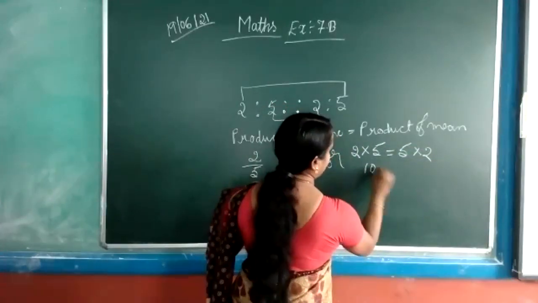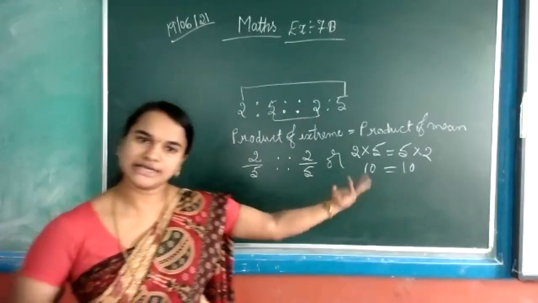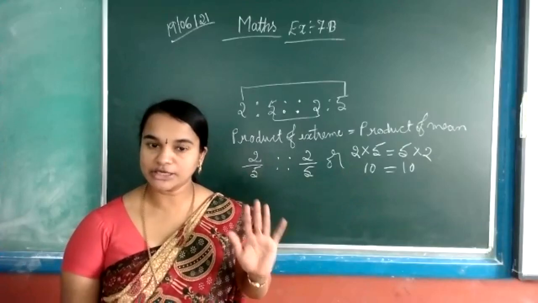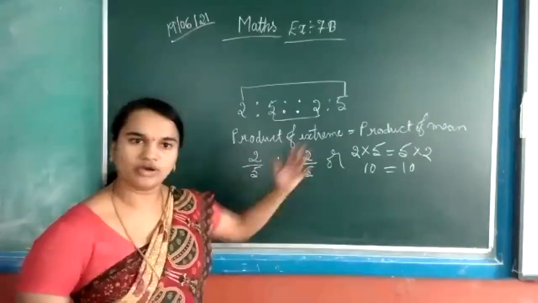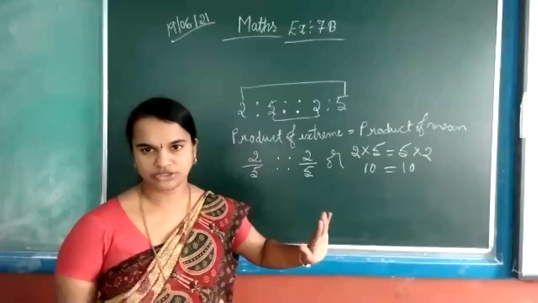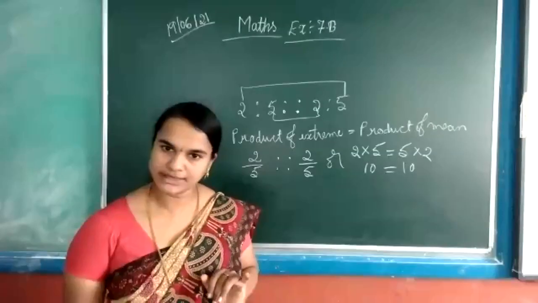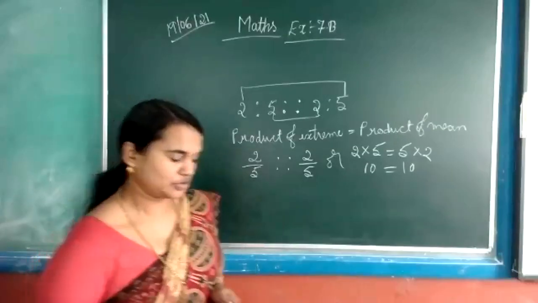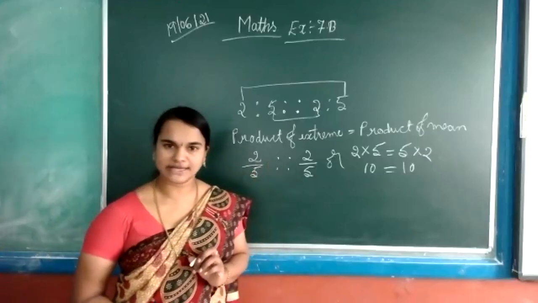So 10 and 10, both we are getting 10. That means it is in proportion. Whichever method you feel easy, you can follow any one method, the first one or the second one. Your wish. Both the methods are correct. Clear? Understood?